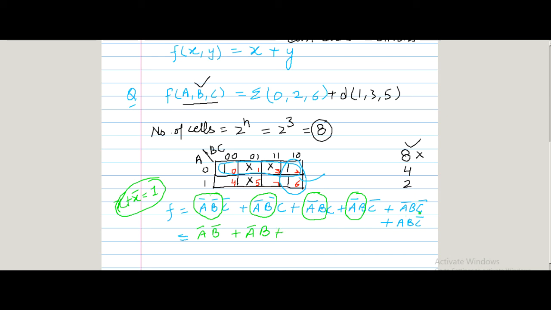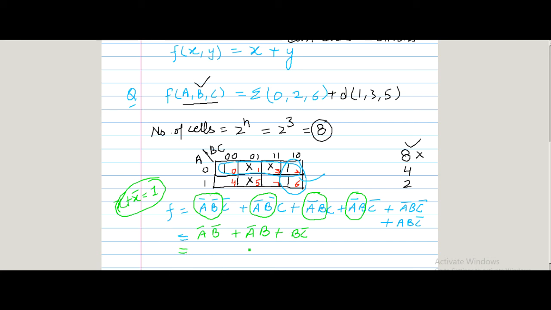Here again we come up with these three minterms after simplification, but let's check if we can further reduce this. Yes, we can reduce, because in these two terms we can see that A complement will be common.